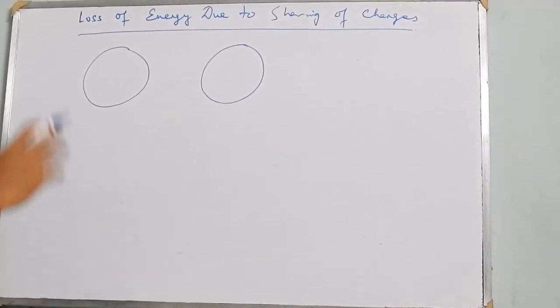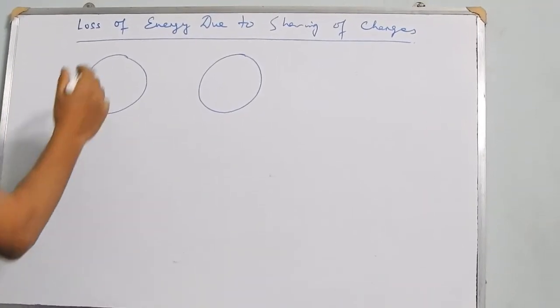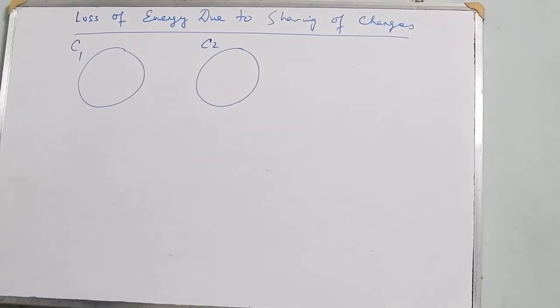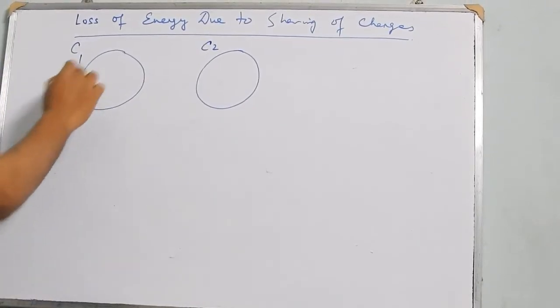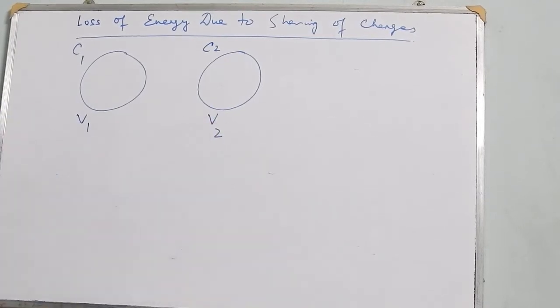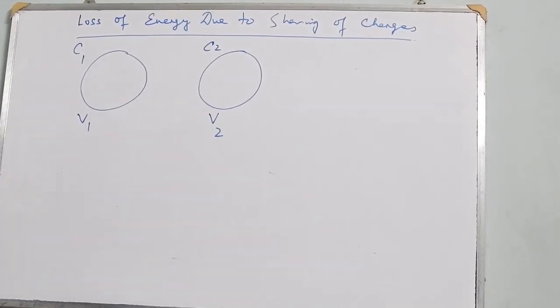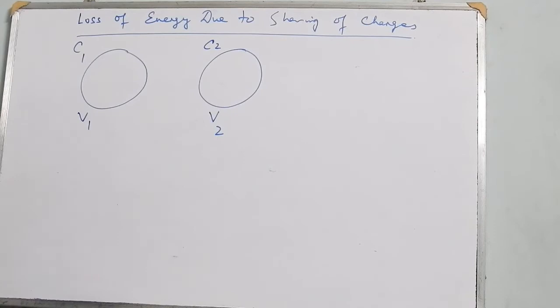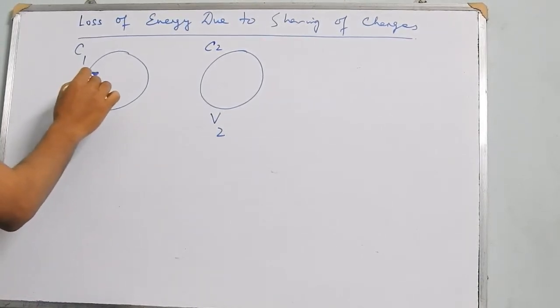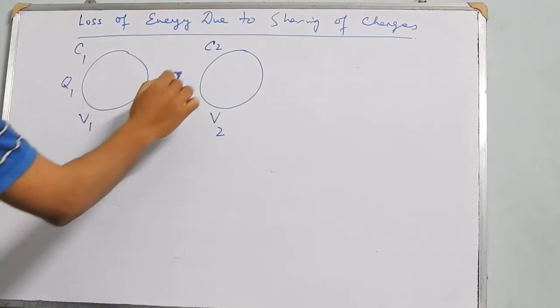Suppose initially the conductors have capacitance C1 and C2 respectively, and they are at potential V1 and V2 respectively. The charges deposited on these conductors are Q1 and Q2 respectively.